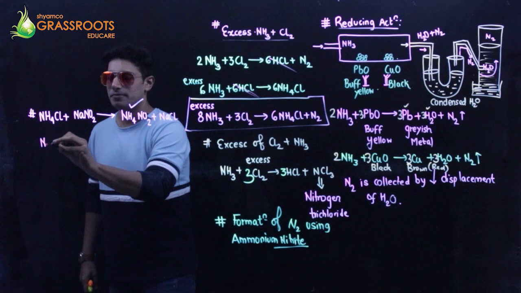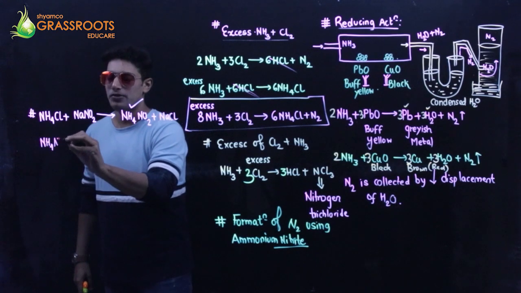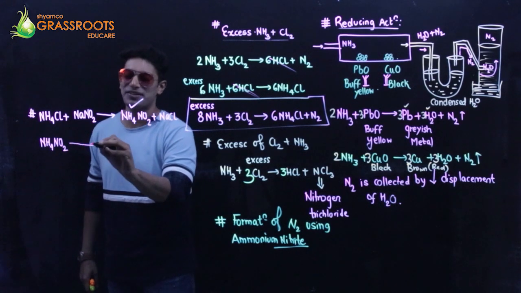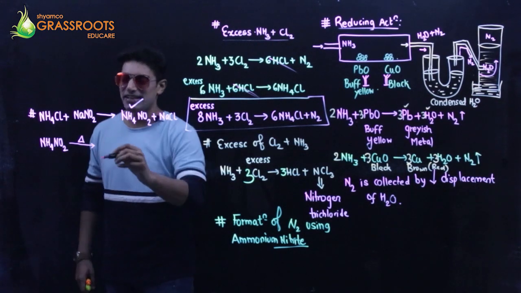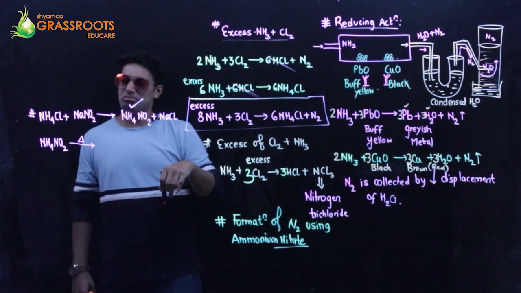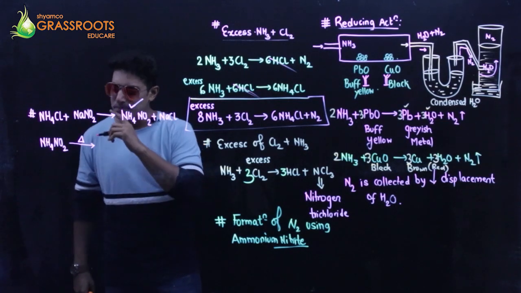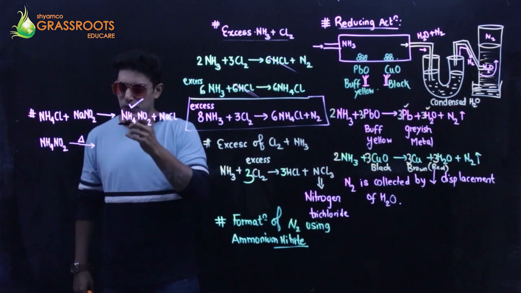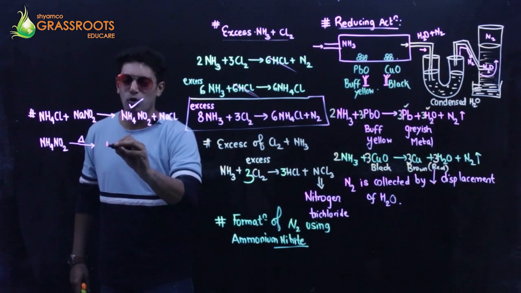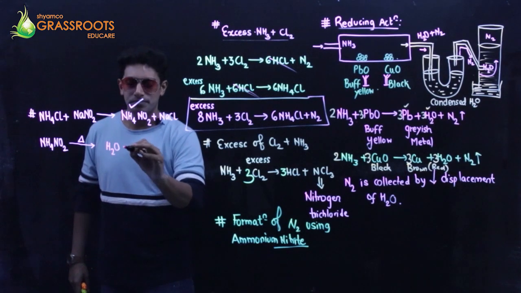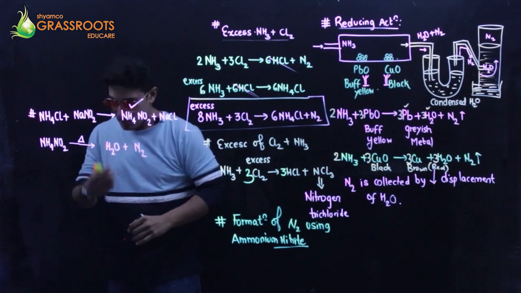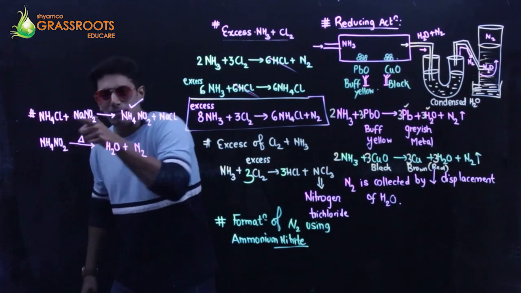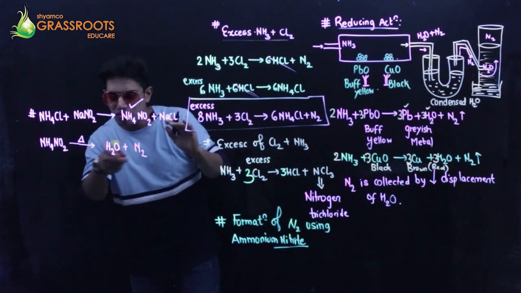Ammonium nitrite doesn't react on its own. You need to heat it. Ammonium nitrite on heating gives you what we have to prepare: nitrogen, and water. So it gives you water plus nitrogen. That's the reaction. Is the above equation balanced?